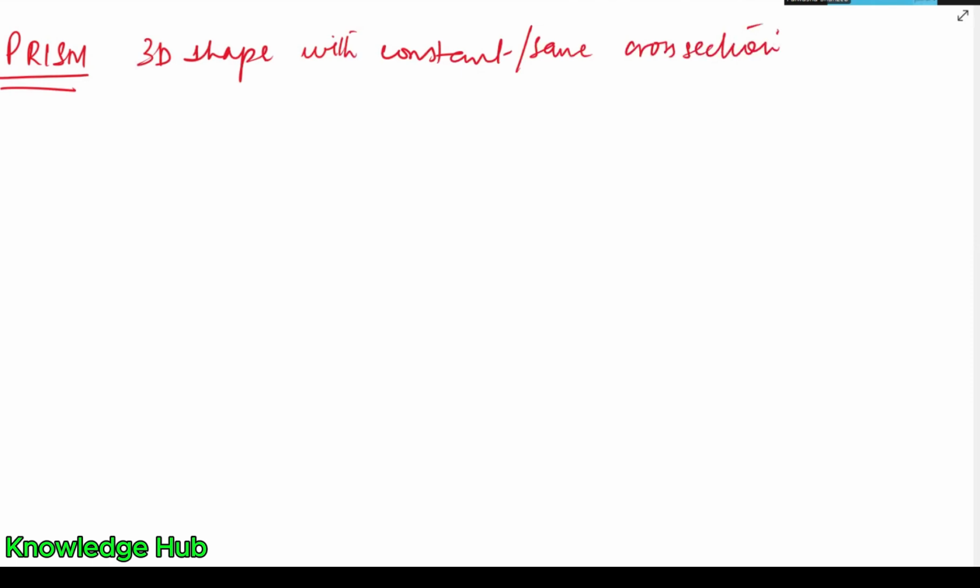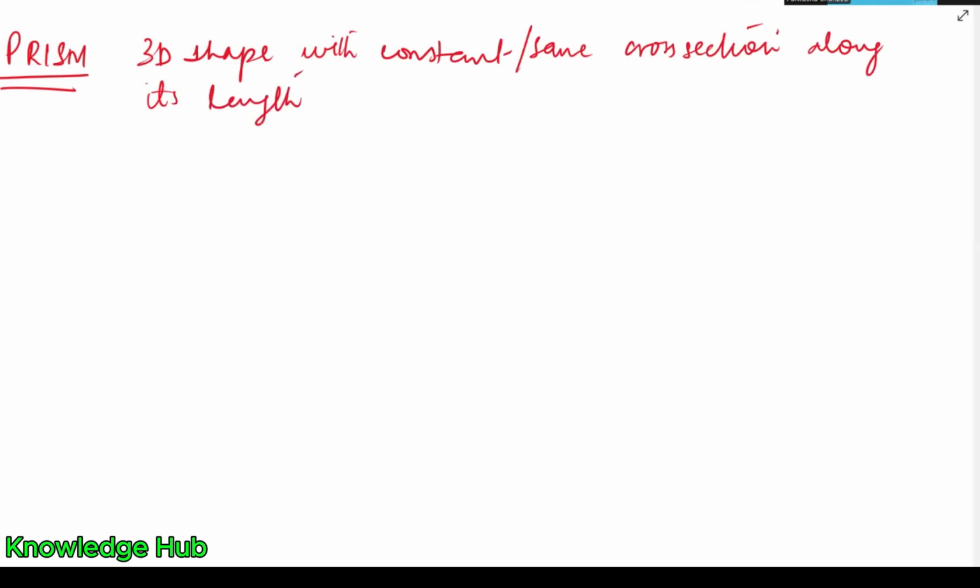What is actually a prism? It's a 3D shape with constant, or you can say the same, cross section along its length.